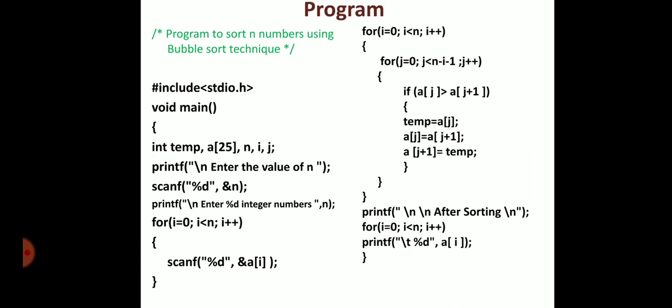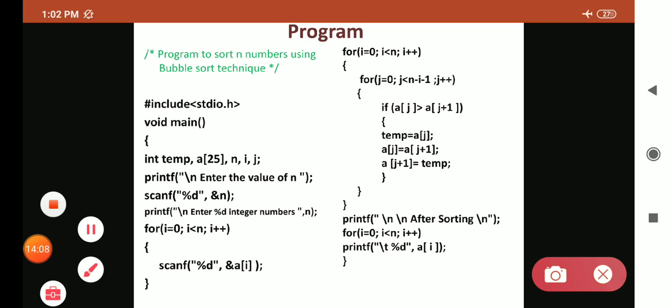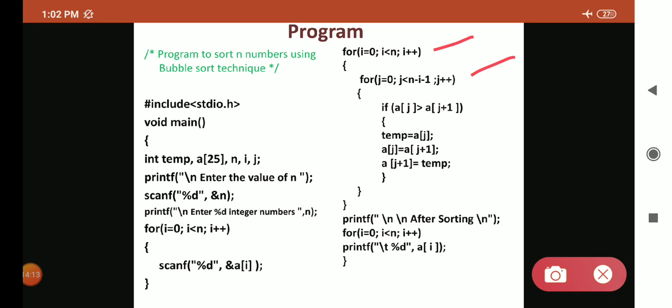Well, now wait for a while, I'll take a pencil. See, if this condition is true, then we check for one more condition. In every comparison we will be checking whether a of j is greater than a of j plus 1, that we have seen.